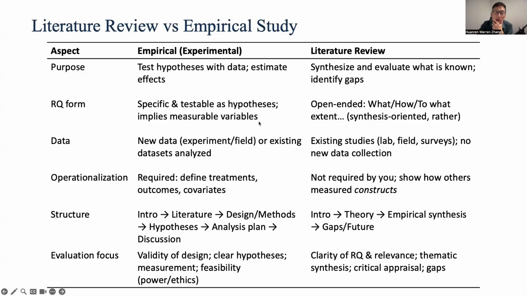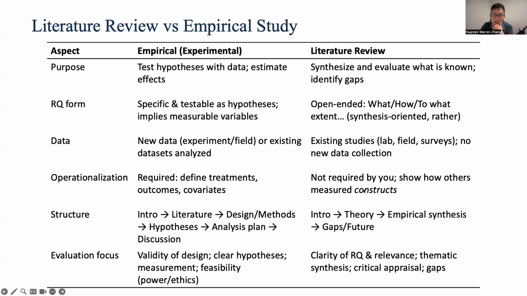When we talk about an empirical study, it needs to be operationalizable, right? So operationalization is important. You need to define the treatment, outcome, and covariates that you want to measure, right? So that means when you state the research question for an empirical study, it needs to be specific so that for each outcome, each variable, you know how to measure it.